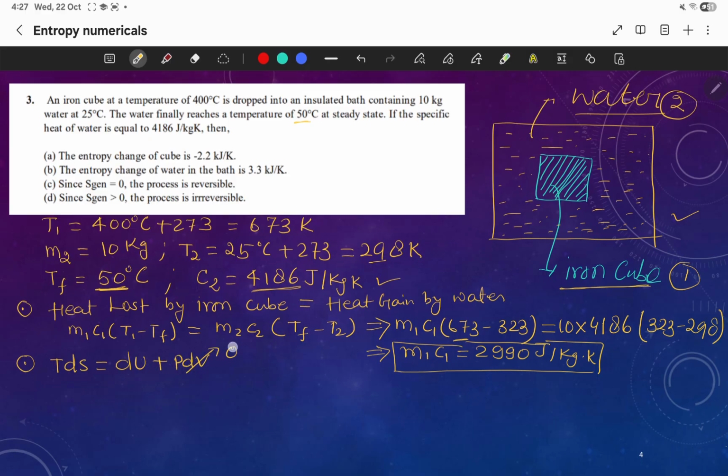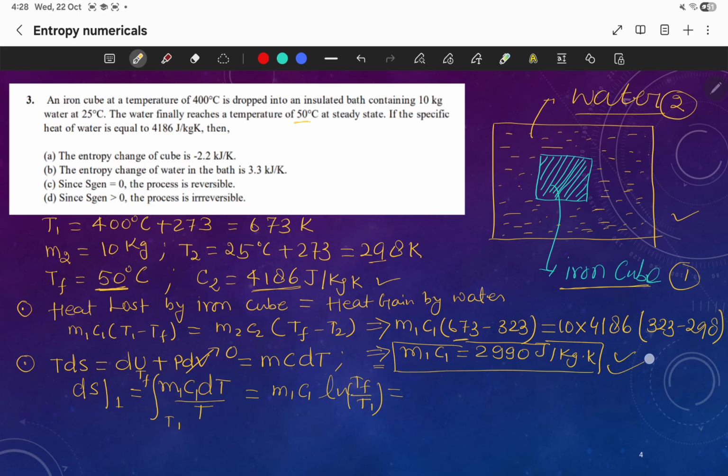In case of solid and liquid, dV is 0, and we can write dU as mc dT, and Cv is nearly C. So we get the change in entropy for iron as the integral of mc dT upon T, with temperature going from T1 to TF, which is M1C1 ln(TF/T1).